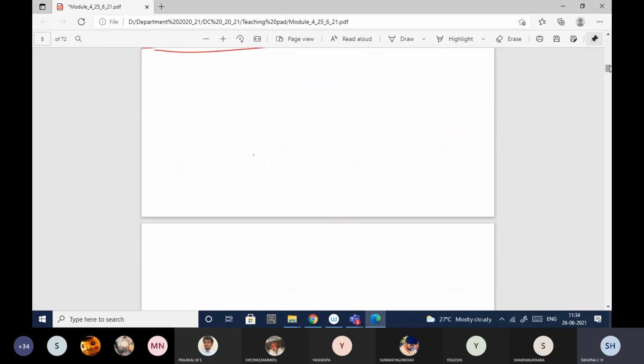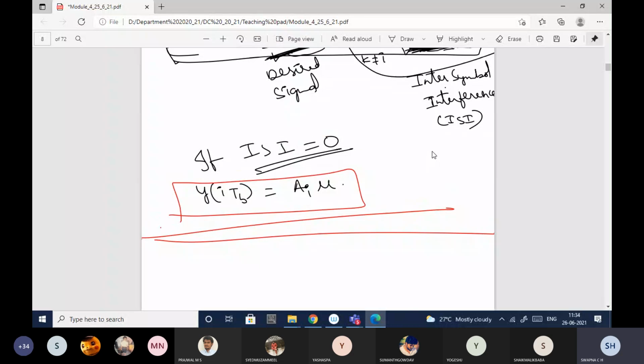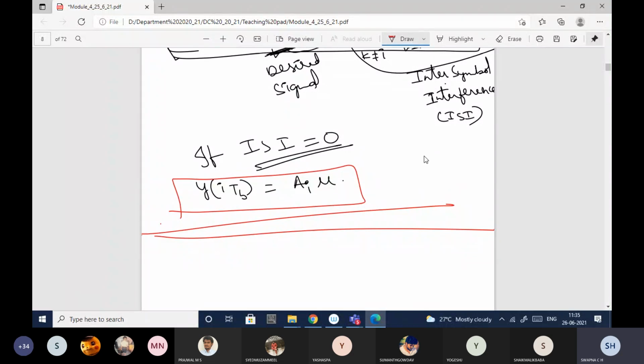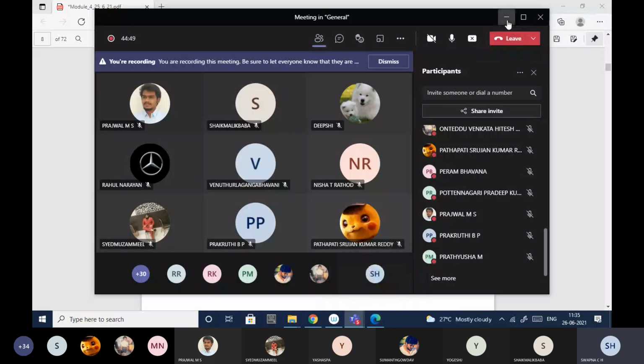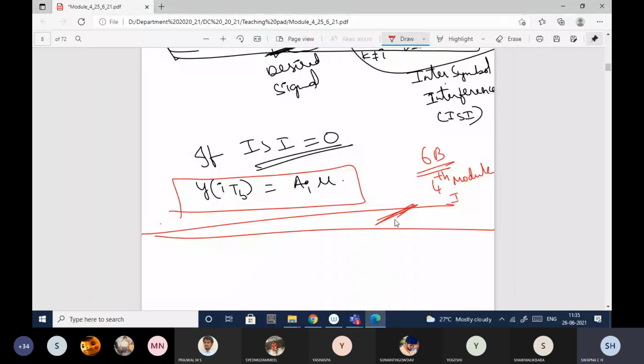As I mentioned, for 6th B students, the syllabus is until here, the 4th module until here. Is it the fourth module or the third module? This is the 4th module, no? We have already finished 1, 2, 3.